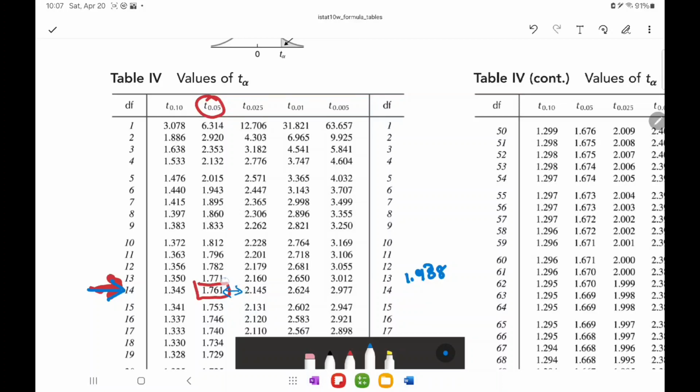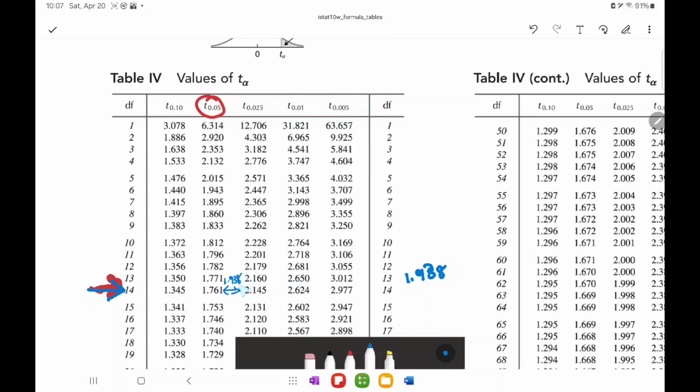So it's going to fall between 1.761 and 2.145. That's where 1.938 is going to be.